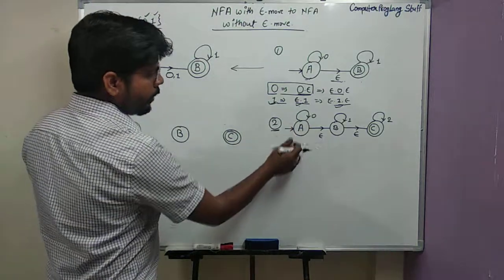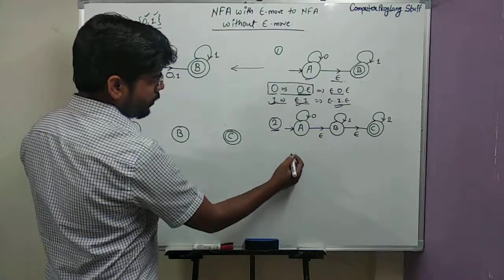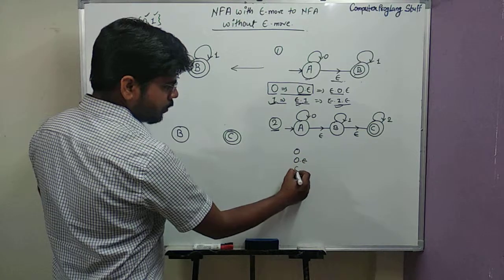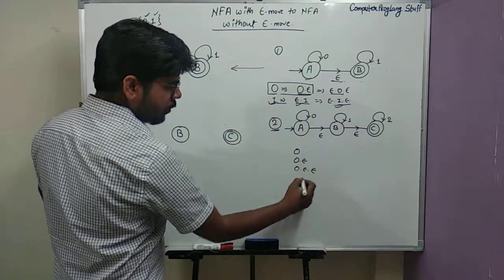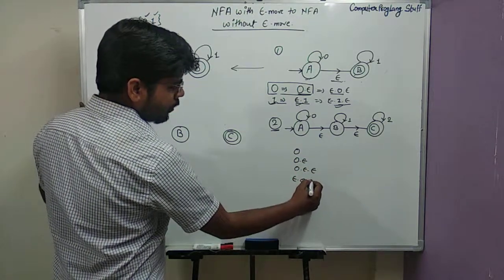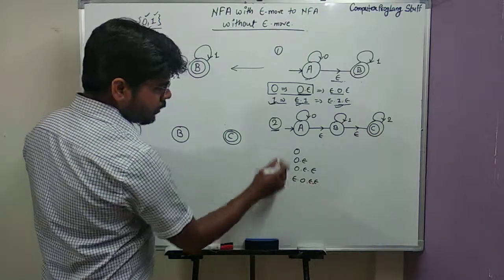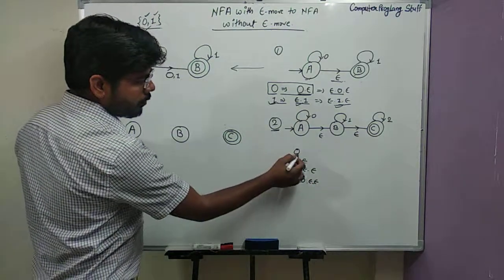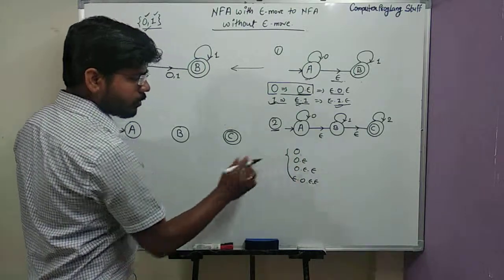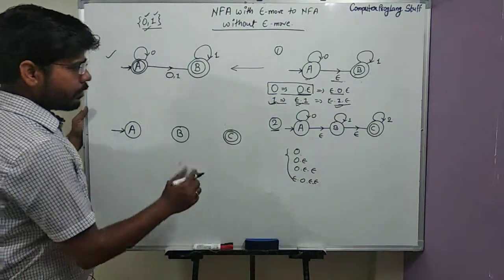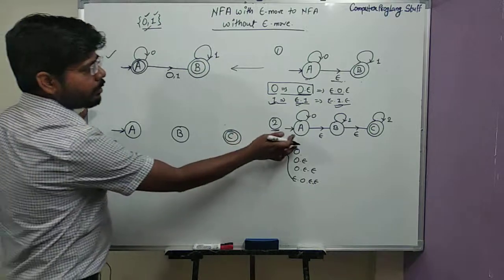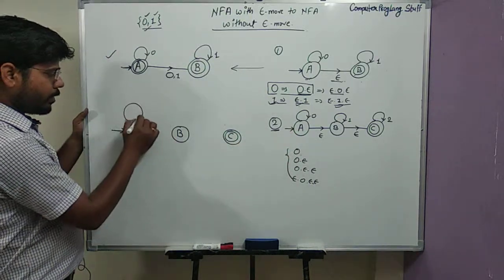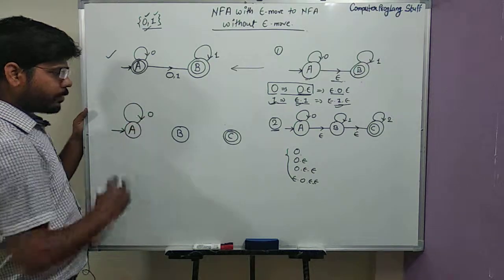So from state A, similarly we can also write here 0 0 epsilon, 0 epsilon epsilon, epsilon 0 epsilon, epsilon epsilon. Such things don't make any difference. All these cases are equal. So in the first case, if we make a transition for 0 from state A, there is a self loop, so we will make a self loop here.